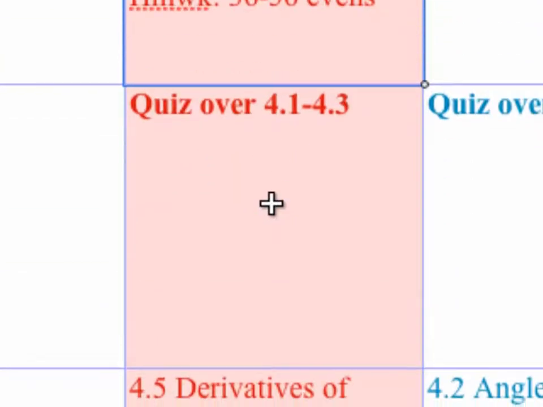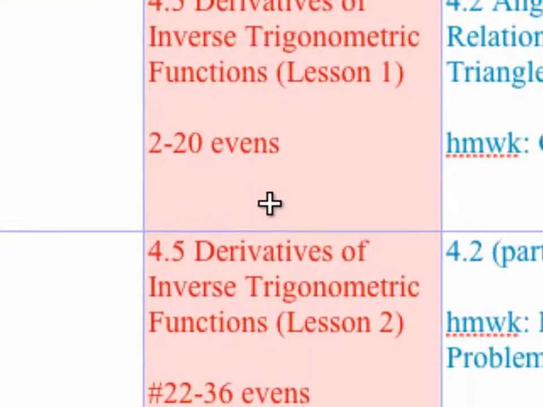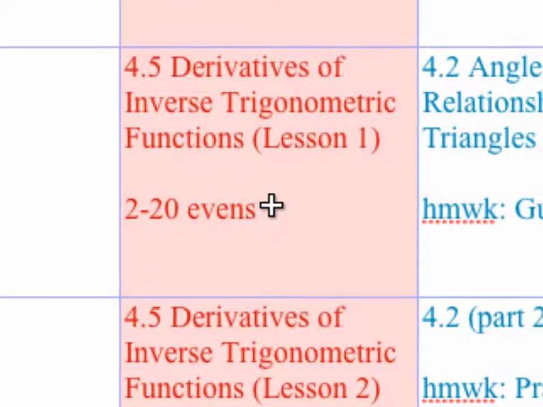Wednesday, we're going to have a quiz, and that quiz is going to cover 4.1 through 4.3. Then Thursday, we hit the derivatives of inverse trig functions. That's a joy. So the homework there is 2 through 20 evens.